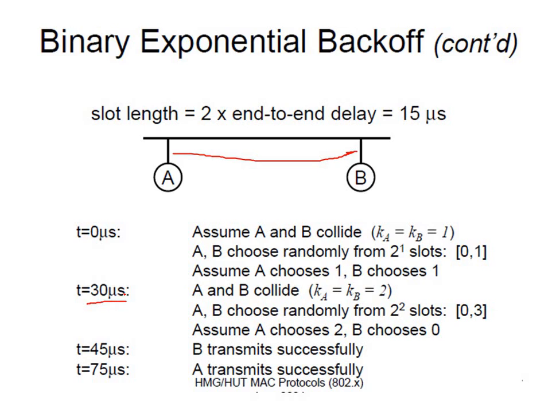Again, after 30 microseconds, if the collision is detected again, then k will be increased to 2. That means 2 raised to 2, so how many slots will there be? The range will be from 0 to 3, that is 1, 2, 3, 4, so there will be 4 slots.